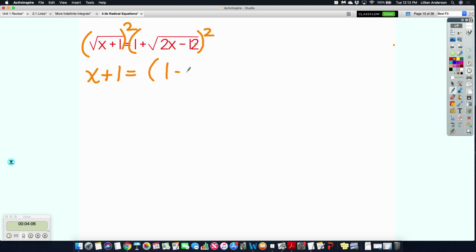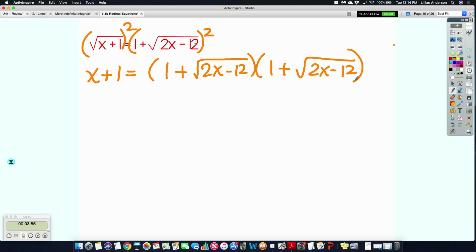So this becomes 1 plus the square root of 2x minus 12. You just can't square both pieces and drop the square root altogether. You cannot do that. Questions up to here? So when we FOIL, you'll have 1 times 1, which is?